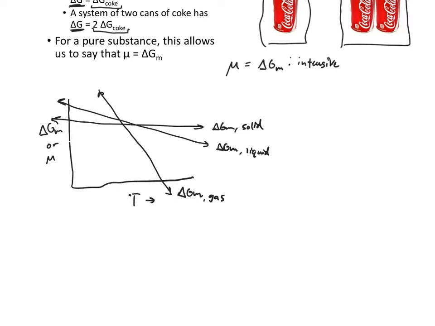How is this different from the plot that we saw in the last video? It's different because at no point is the liquid phase the lowest in terms of Gibbs free energy. So this is interesting. What does this mean? This means that we have a point here where the transition goes straight from the solid phase to the gas phase.